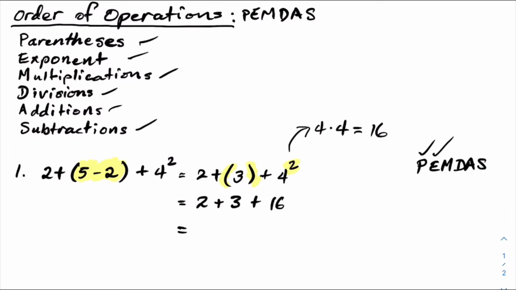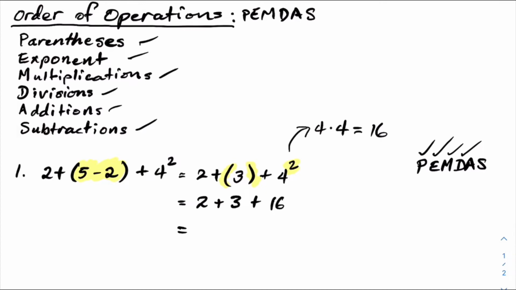Now multiplication, and there is no multiplication in this expression, so you can skip that. And there's also no division, and there is addition, and they're all addition, and we will perform the addition from left to right.